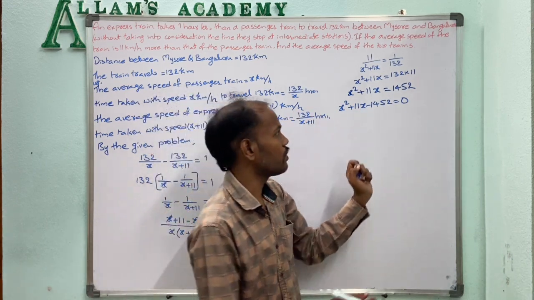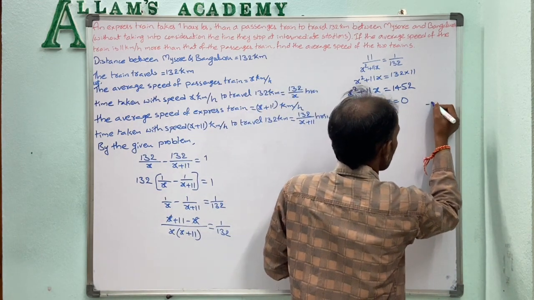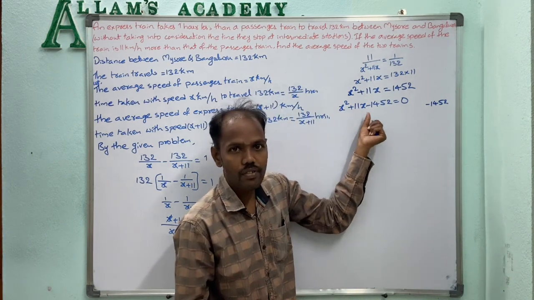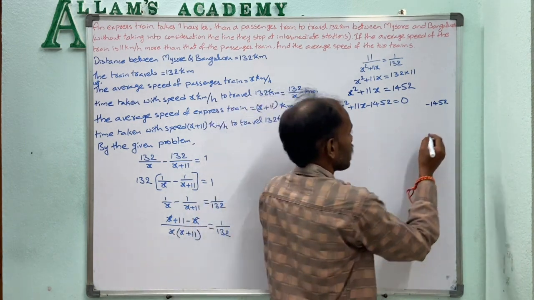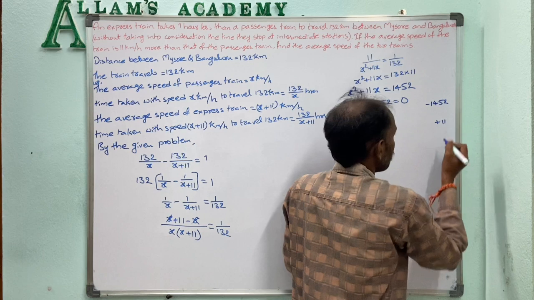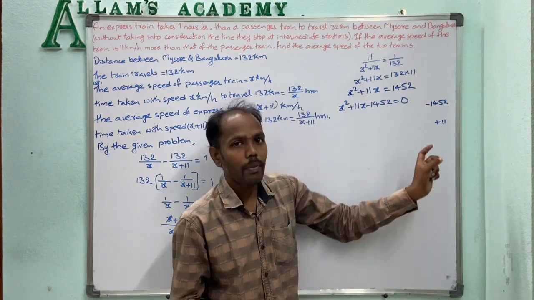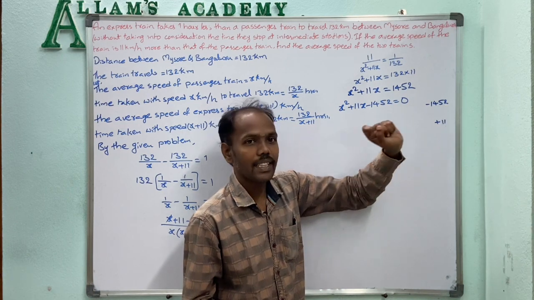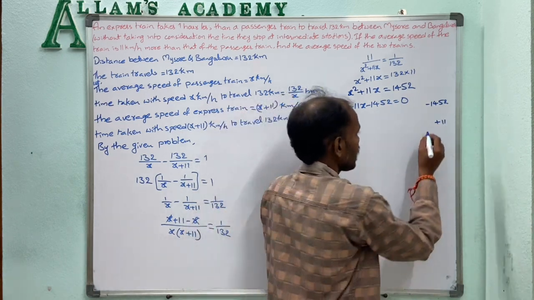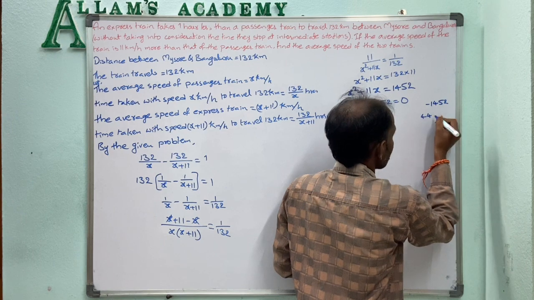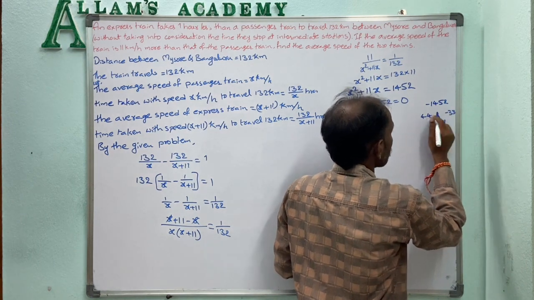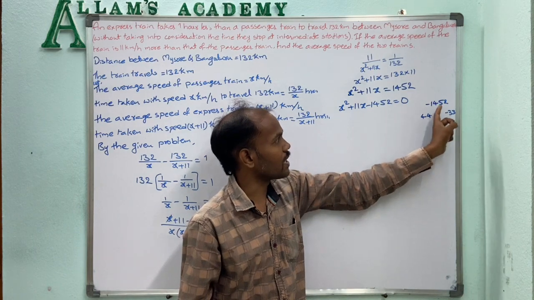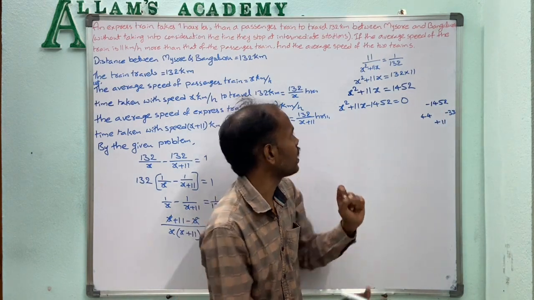By product we want to get minus 1452, and by addition we want to get the x coefficient, plus 11. Which two numbers have product minus 1452 and sum 11? They are 44 and minus 33. 44 minus 33 is plus 11, and 44 into minus 33 is minus 1452.